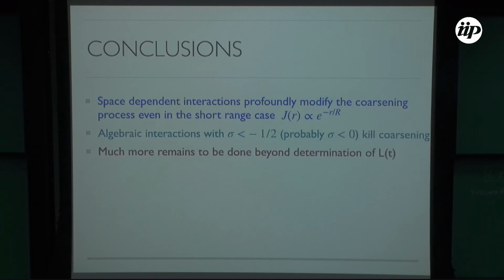And of course, there is much work which remains to be done. Namely, we looked at the behavior of this growing length, but of course one could ask many other things like correlation functions, aging, and so on and so forth. With this, I think I'm done, and I thank you for your attention.